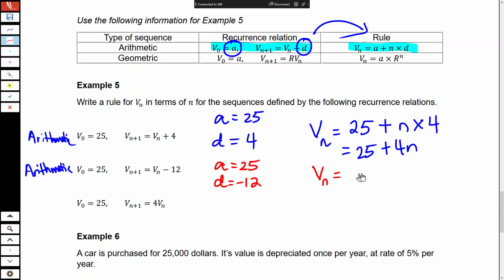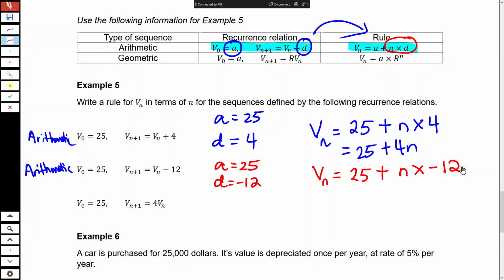Vn equals 25 plus n times negative 12. That's it. Yes. 25 plus n times negative 12.